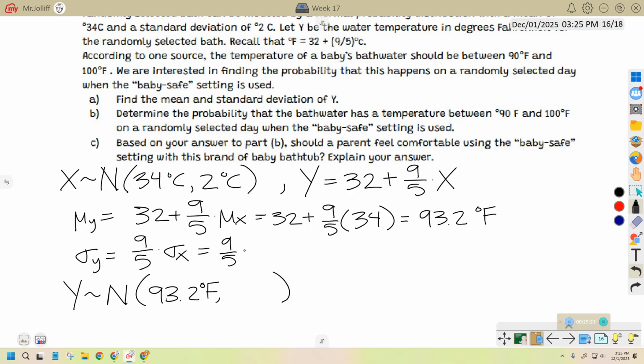So 9/5 times 2 degrees Celsius, which is 18/5, which is 3.6. I see nodding again. Good.